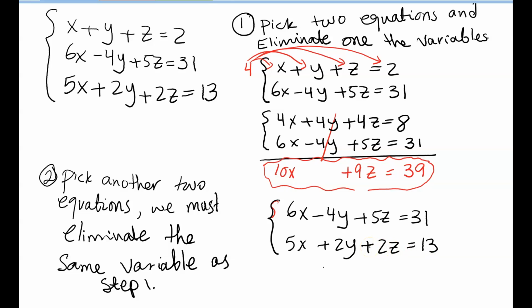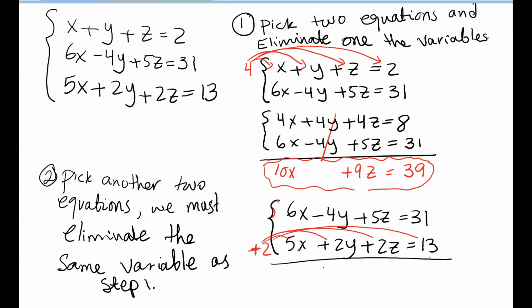This time you must eliminate y because we eliminated y in the previous step. So to eliminate y, you're going to multiply the second equation by 2, because then that would be positive 4y, and negative 4y cancels.